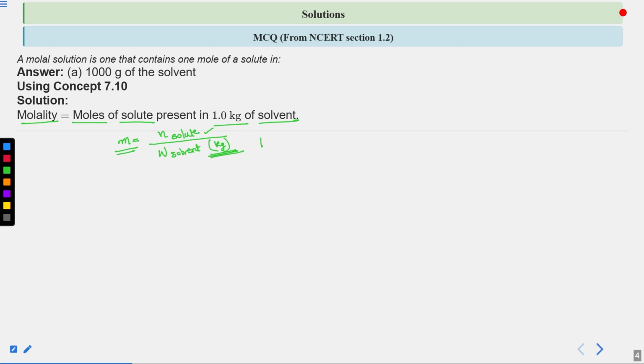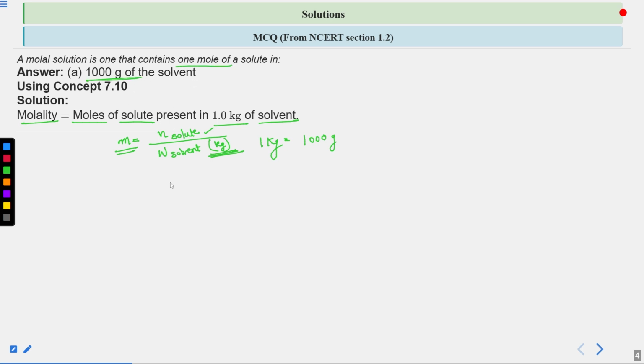1 kg is equal to 1000 grams. It is just unit conversion. So 1 kg contains 1000 grams. So you can also write it here as the number of moles of solute divided by the weight of solvent in 1000 grams. Basically, the molar solution is the solution that contains 1 mole of solute in 1000 gram of solvent.